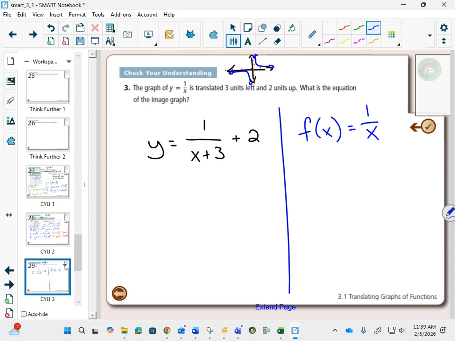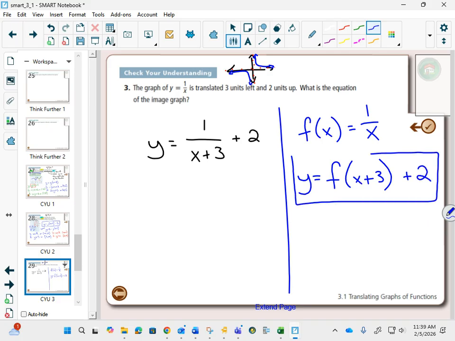And then I write 3 units to the left and 2 units up in function notation. In function notation, 3 units to the left is inside the function. So that would be x plus 3, because x's are liars. And 2 units up would happen after, plus 2.